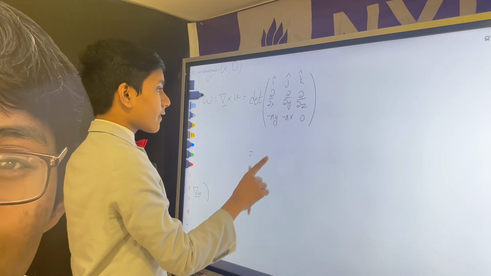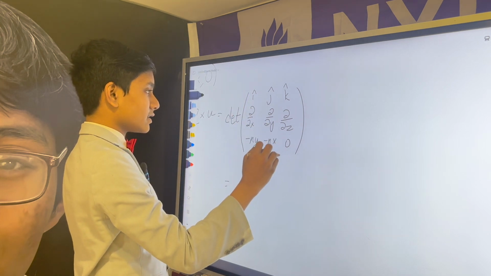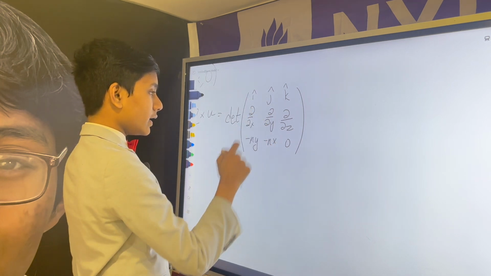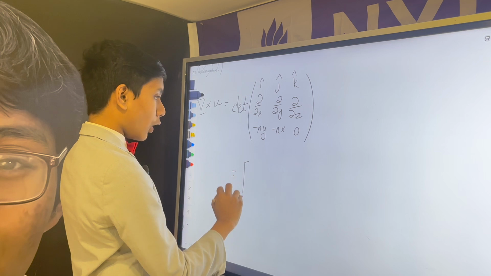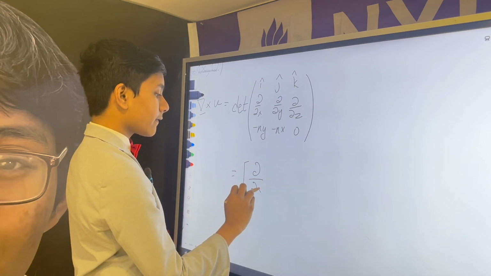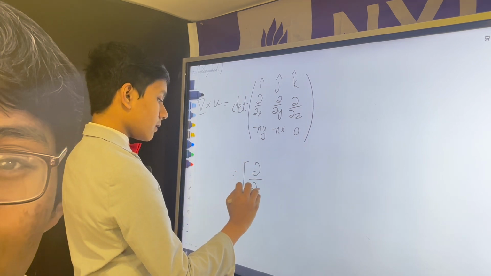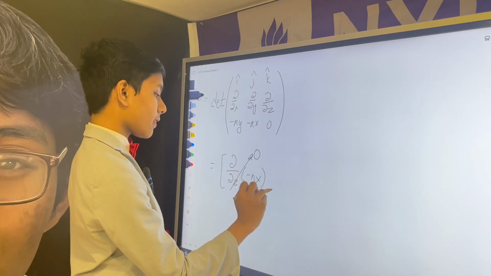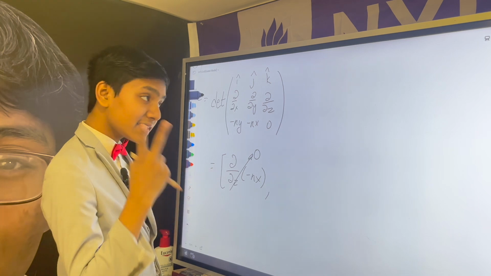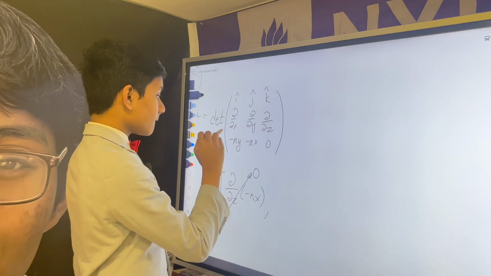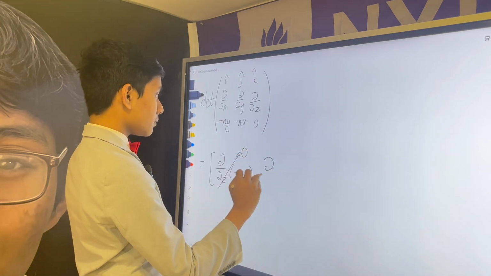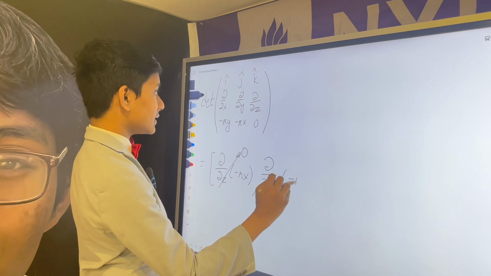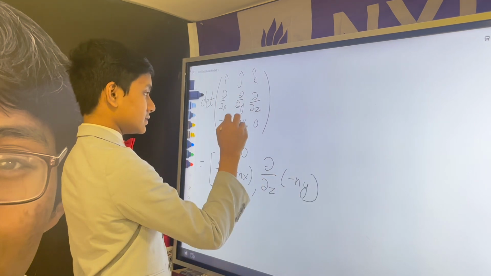What do we get? We get this is 0, then we go the other way, and we get partial z of minus nx, which goes to 0. Then for the second component, we get partial z of minus ny minus 0.